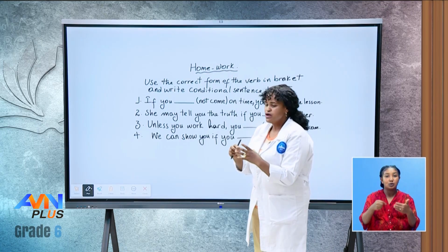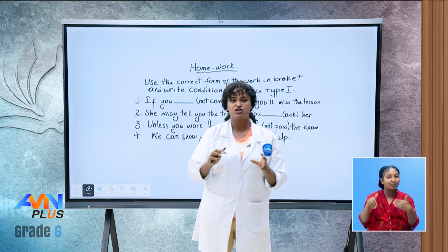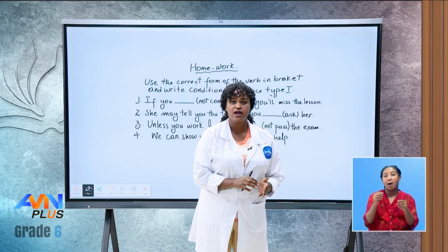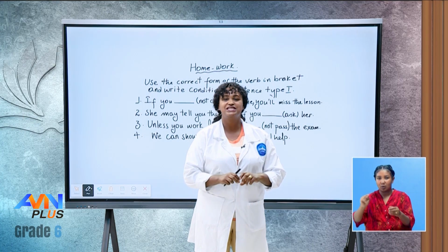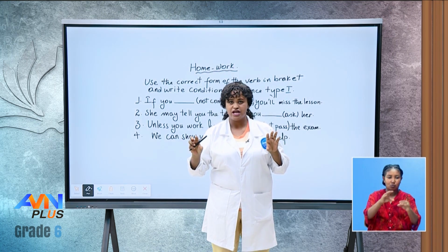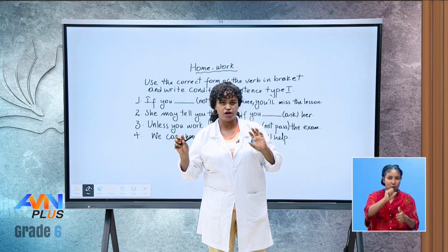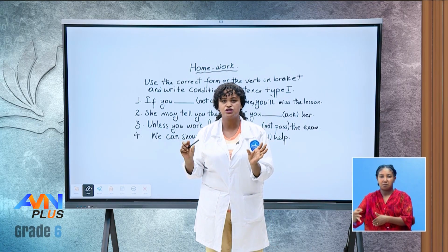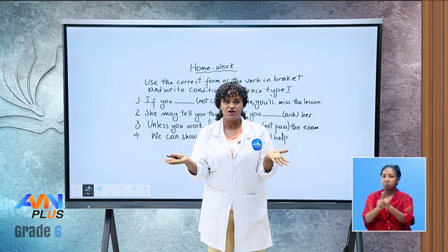So today we have all about the conditional sentence type 1, or what we call possibility condition. And as we discussed, conditional sentences have what? Two clauses, the if clause and the main clause, or the main clause and the if clause. It doesn't matter with whichever you start, okay?